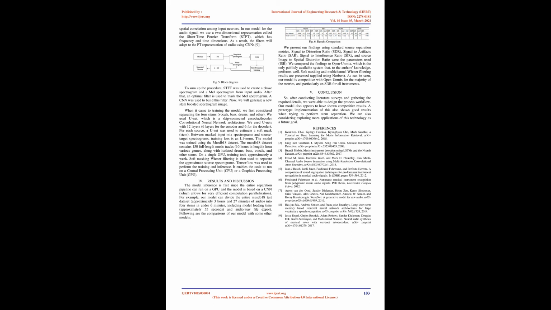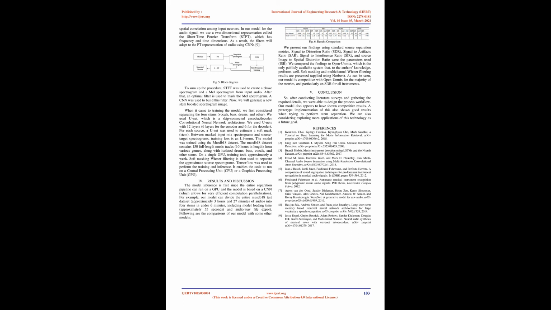When it came to training the model, we first considered separating the four stems: vocals, bass, drums, and other. We used UNet, which is a skip-connected encoder/decoder convolutional neural network architecture. We used UNets with 12 layers, 6 layers for the encoder and 6 for the decoder. For each source, a UNet was used to estimate a soft mask, stem.